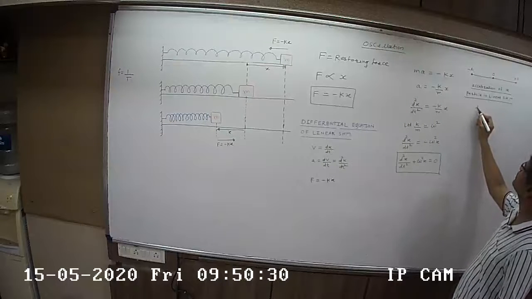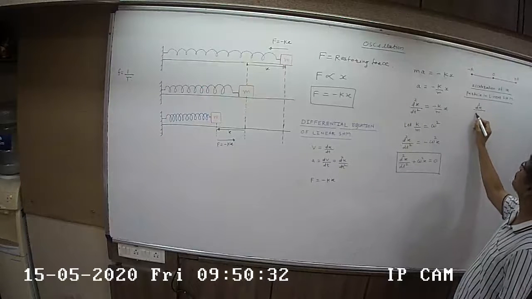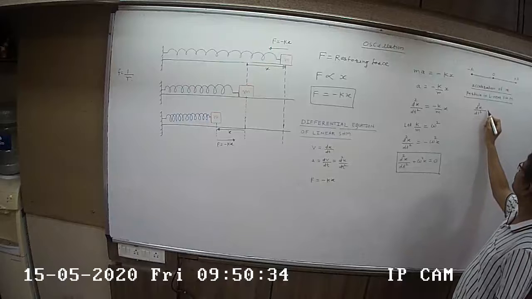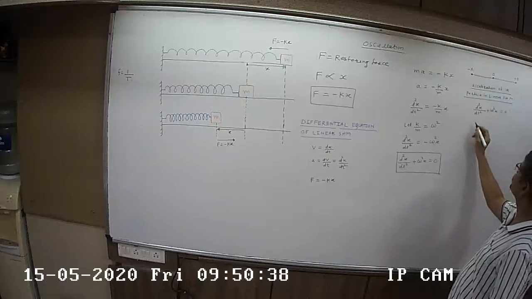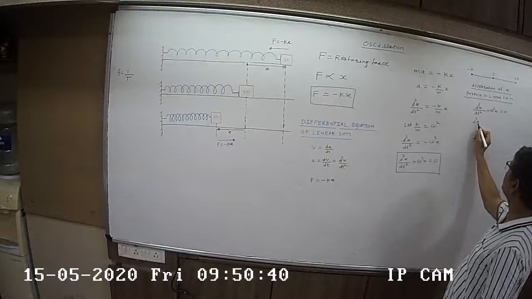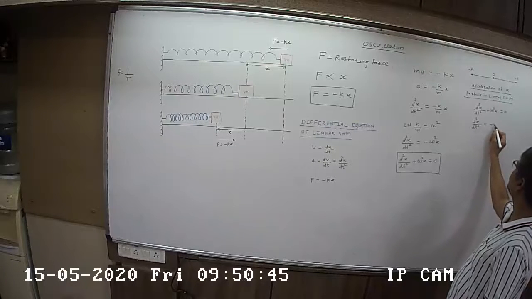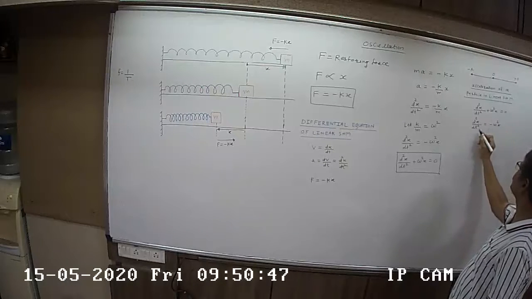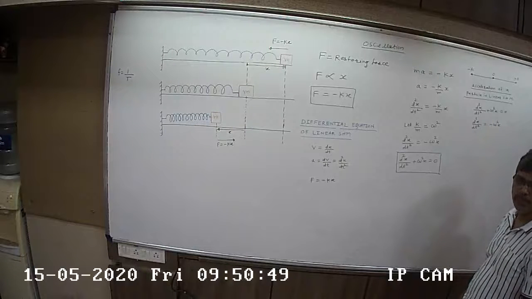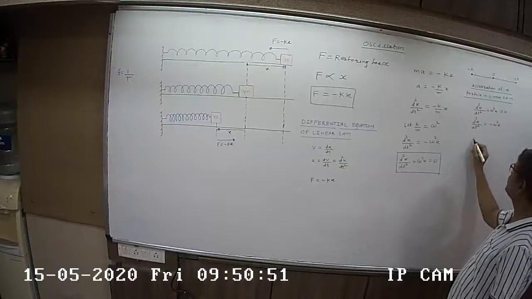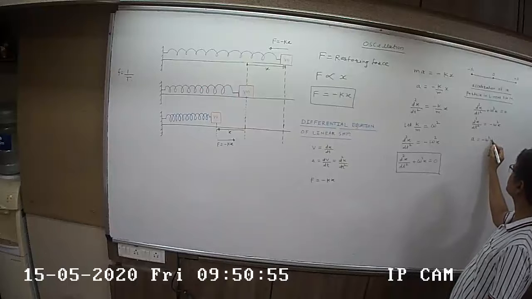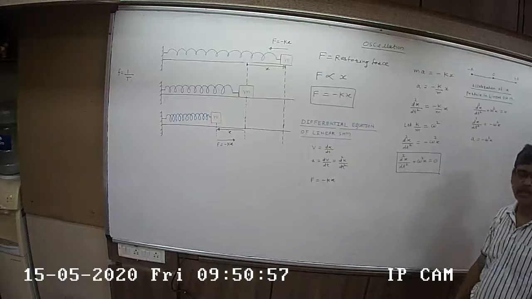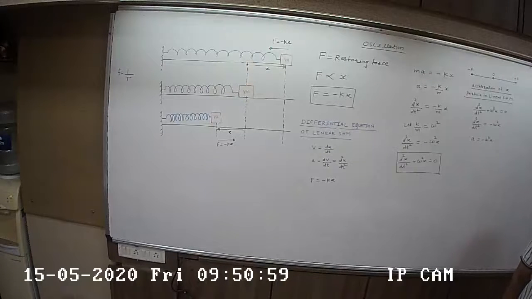So d2x upon dt square plus omega square x is equal to 0. So d2x upon dt square is equal to minus omega square x. You all know that the left hand side is acceleration. So a is equal to minus omega square x.